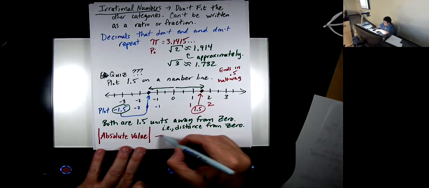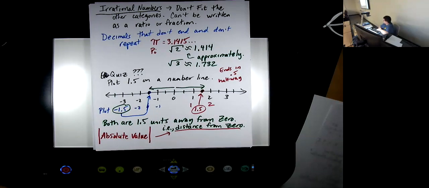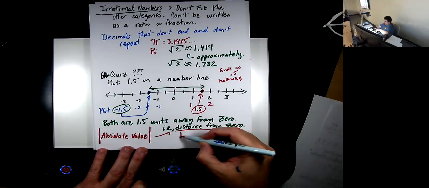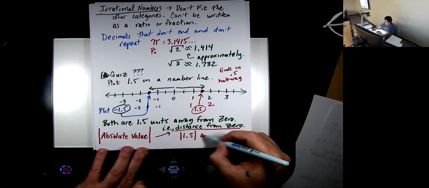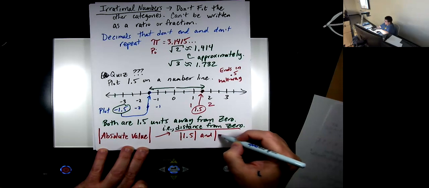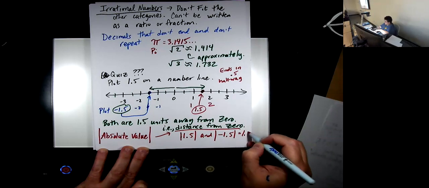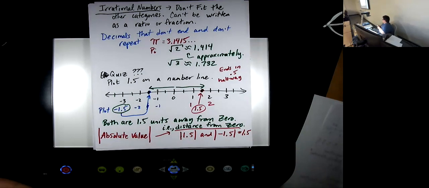Absolute value yields the distance from 0. So both the absolute value of 1.5 and the absolute value of -1.5 equal 1.5. This is the distance from 0.